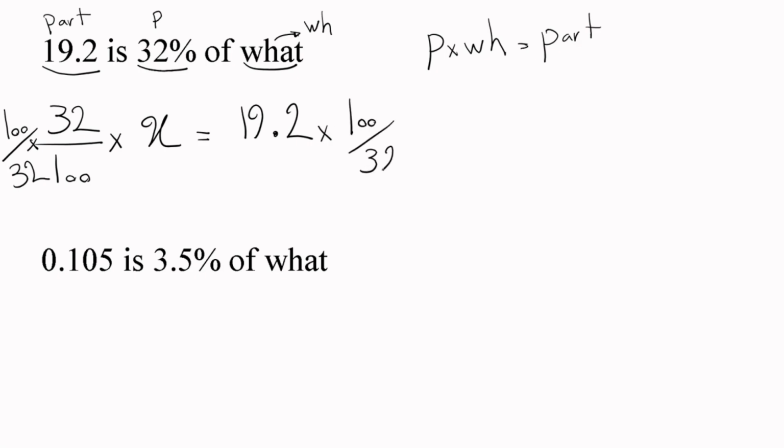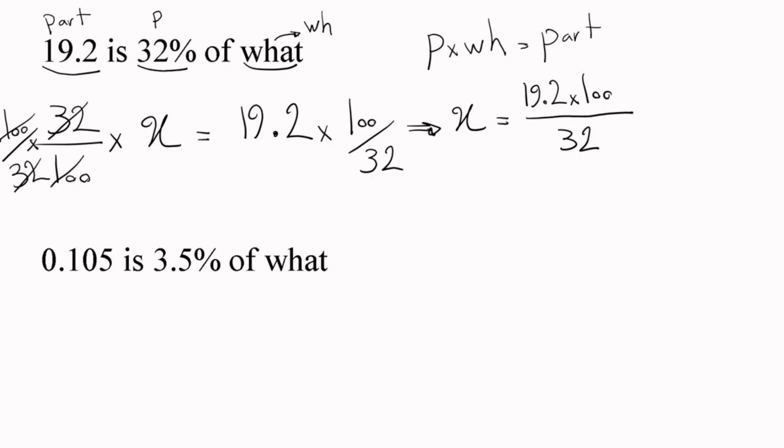Every operation that I do with one side, I must do exactly the same with the second side. So these two are going to cancel each other out, these two are going to cancel each other out, and I'm going to have x is equal to 19.2 times 100 over 32, right?